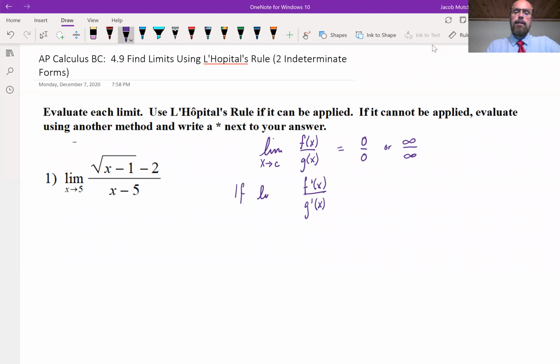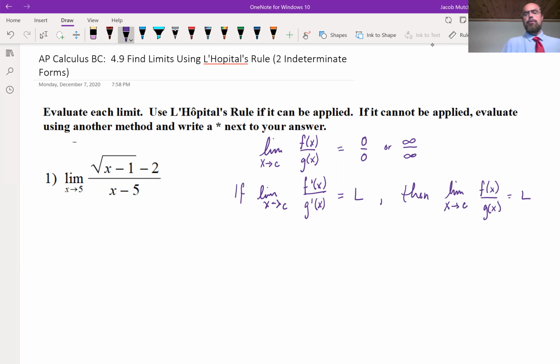If the limit as x approaches c of the quotient there of the derivatives equals some value L, then the limit as x approaches c of the original f over g will also equal L. So let's see how we can apply this.